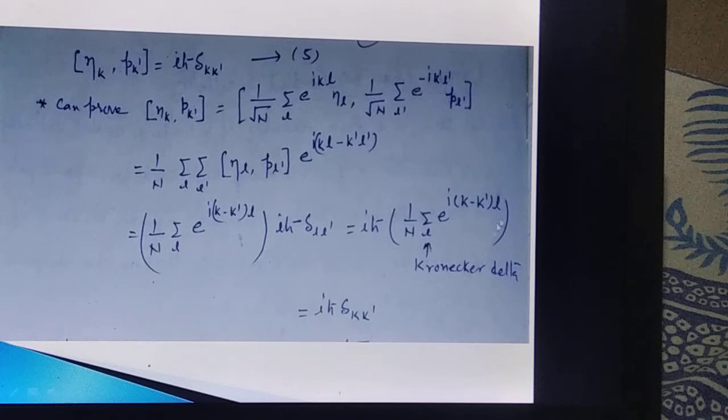This term can be replaced by the Kronecker delta k k dash, and after solution the commutation relation is equal to i h cross delta k k dash.